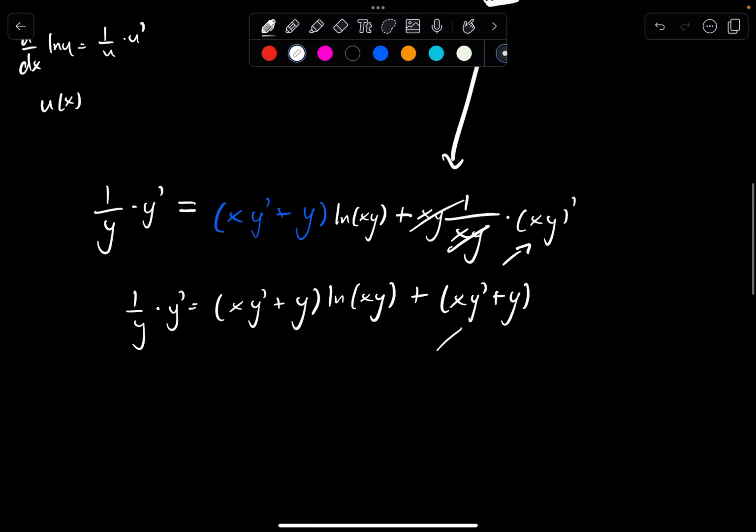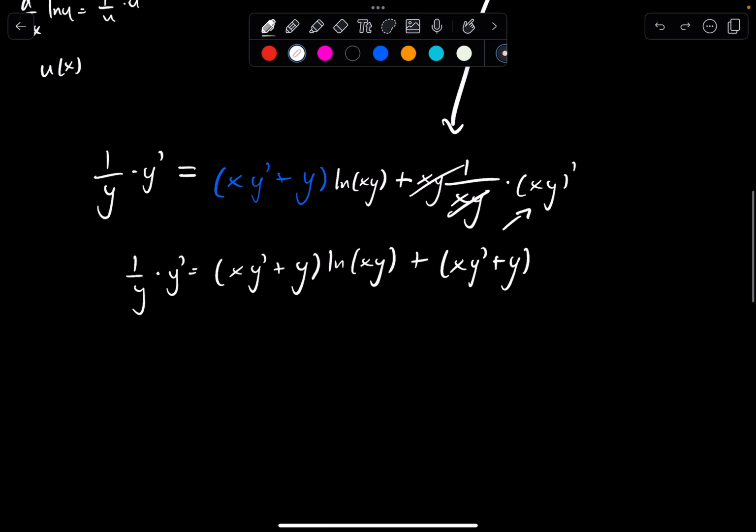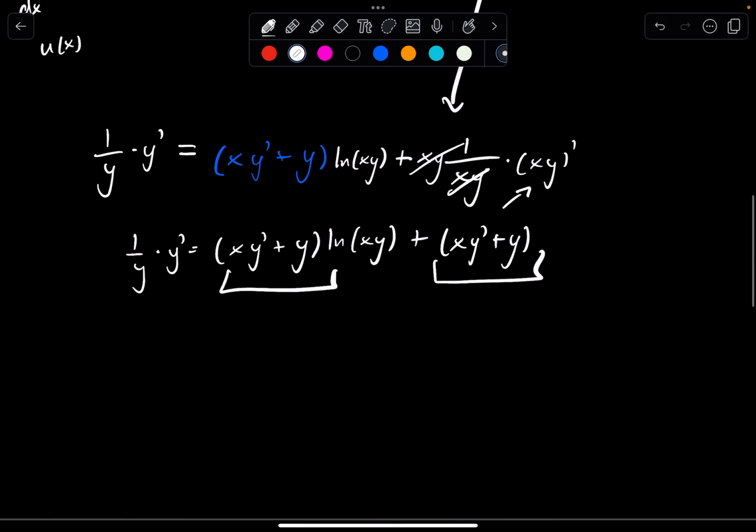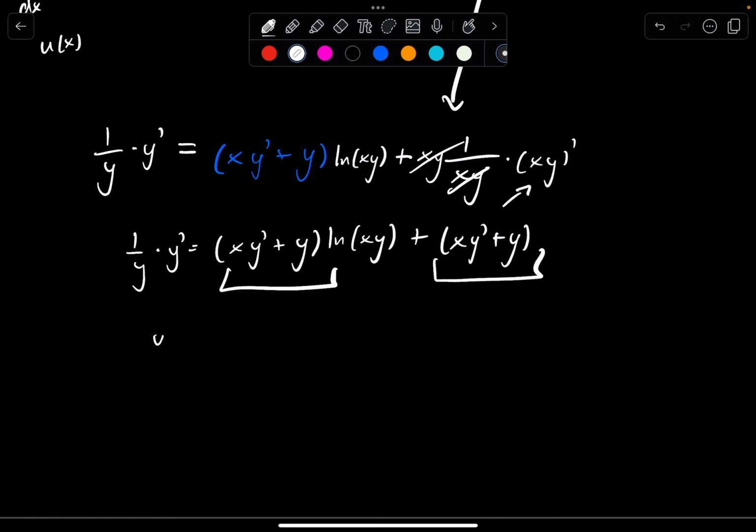Now all we have to do is just solve for y prime, because that's the essential question. Now, you'll notice since we have this here and this here, we can just factor out an (x y prime plus y). Now let's do that. We have y prime over y is equal to (x y prime plus y) times (ln of xy plus 1).